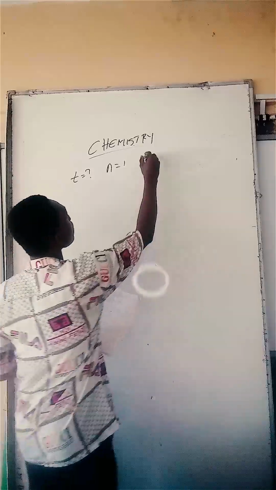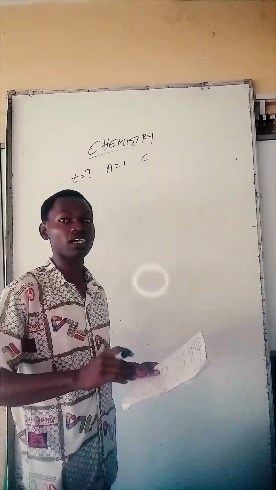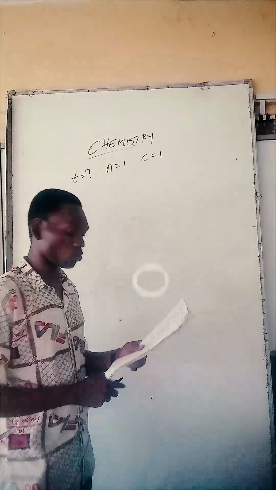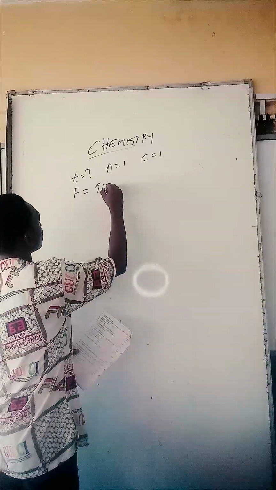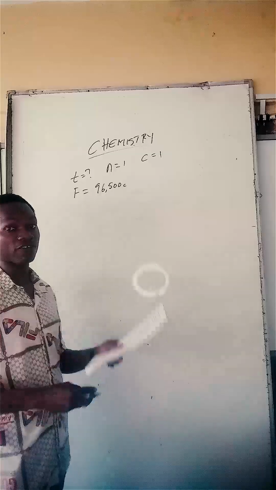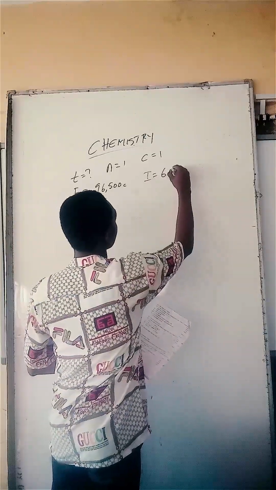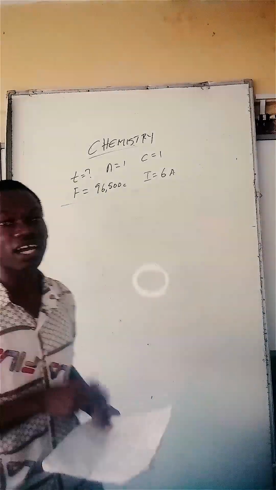So our C here, which is the valency of that particular metal, is equal to 1, and also our Faraday's number, which is F, is equal to 96,500 coulomb. We're also told that the current that passed through is 6 ampere. So these are all the parameters in that question.